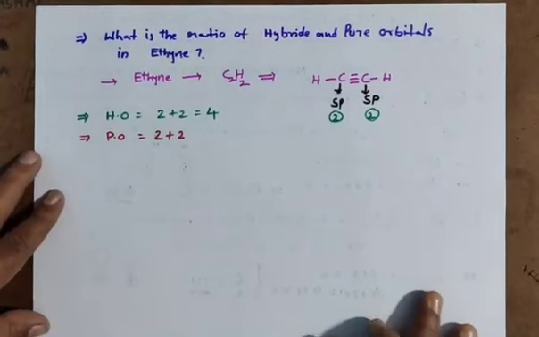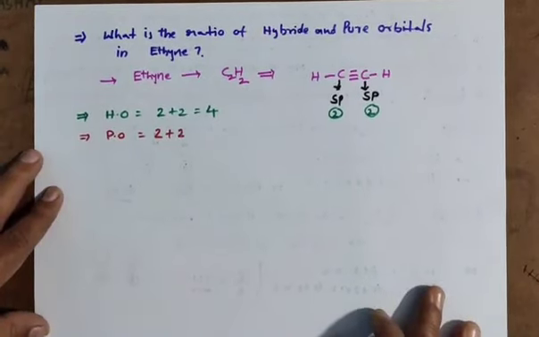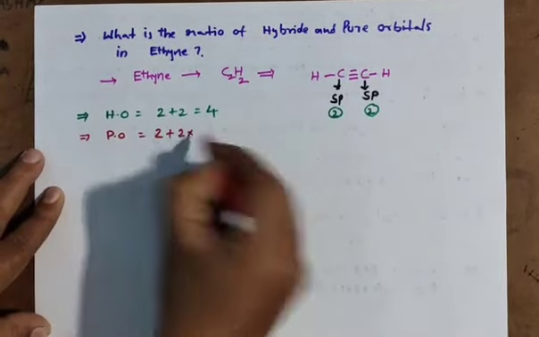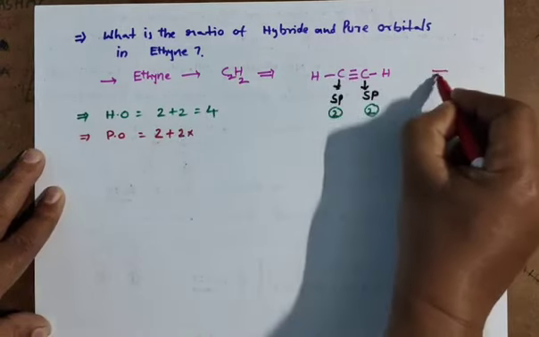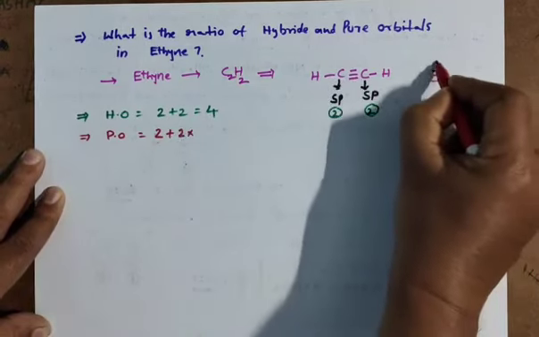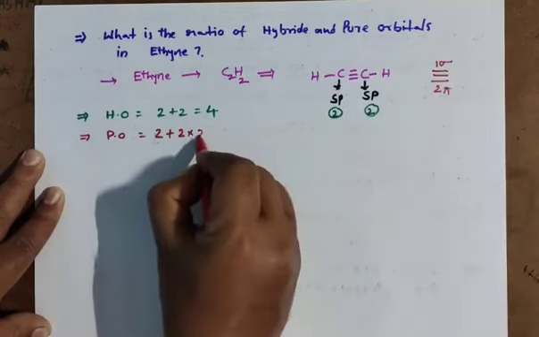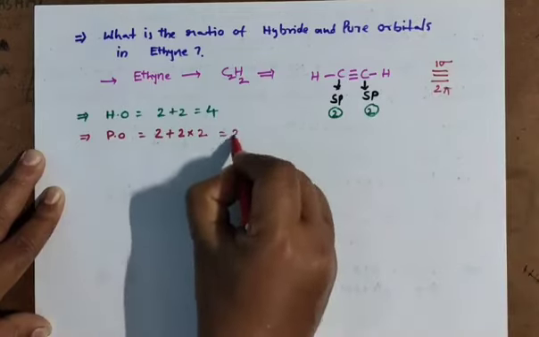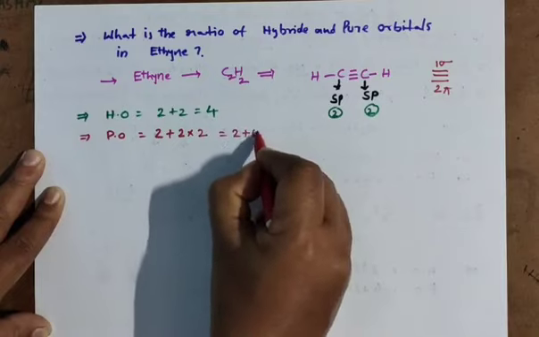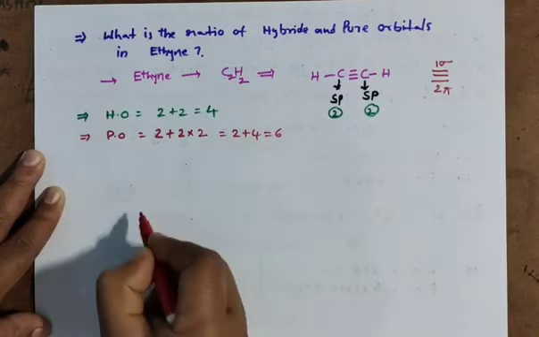The triple bond has 1 sigma and 2 pi bonds, as we learned. So 2 plus 2 into 2, that equals 2 plus 4, that equals 6.